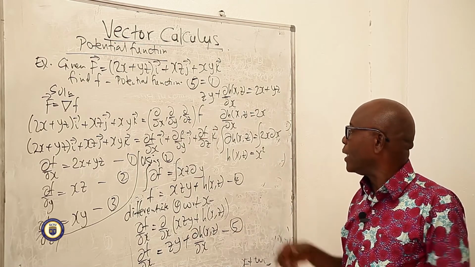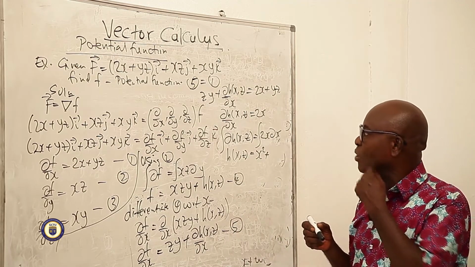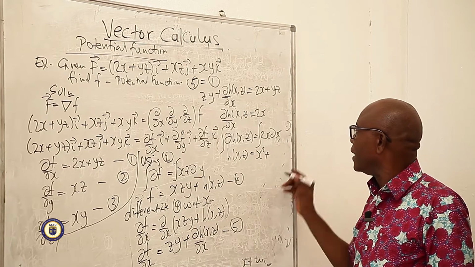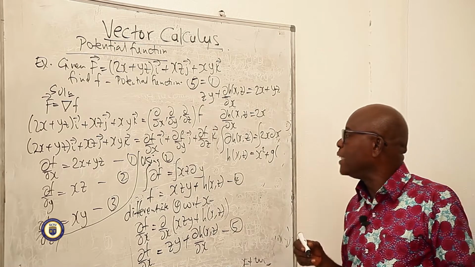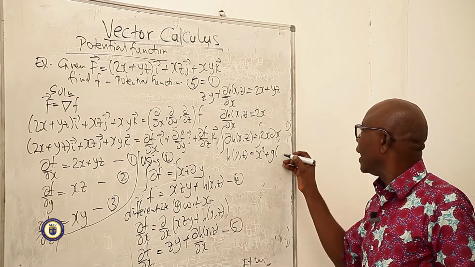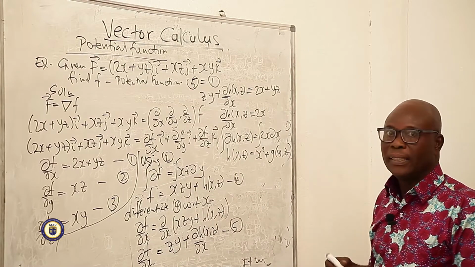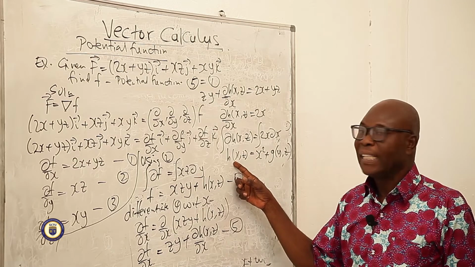We have x squared plus a constant of integration. So in this case, the constant of integration, which is g, will be a function in y and z.